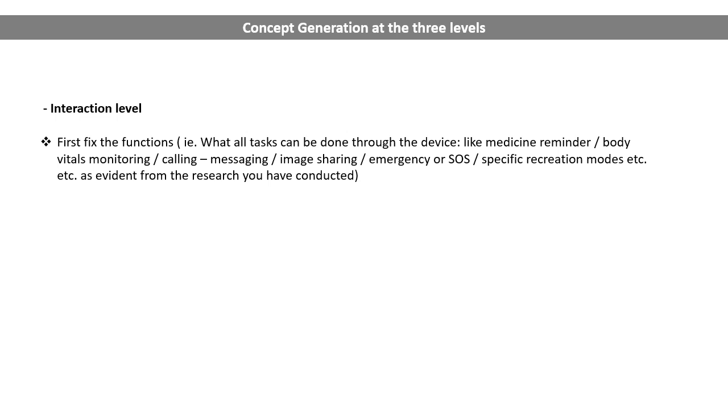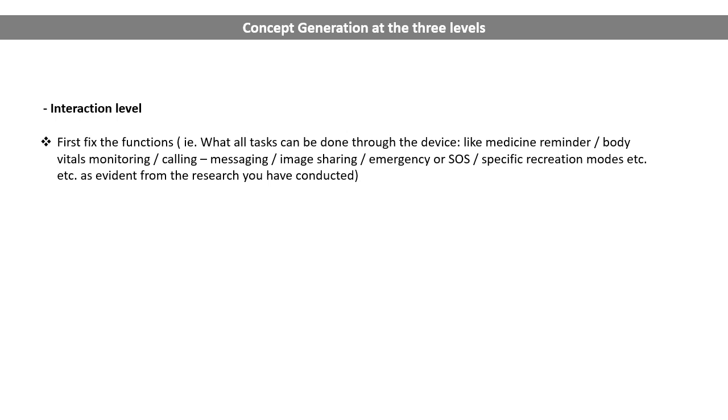For example, can there be functions of medicine reminder, or body vitals monitoring, like pulse rate being continuously monitored? Is it going to have functions like calling, messaging, or image sharing? Or should it have emergency or SOS functions, or any recreation functions specific to the elderly?